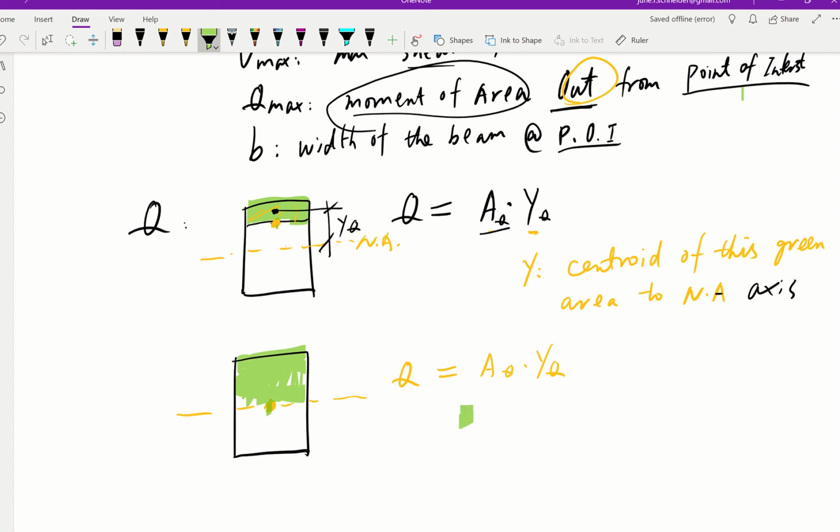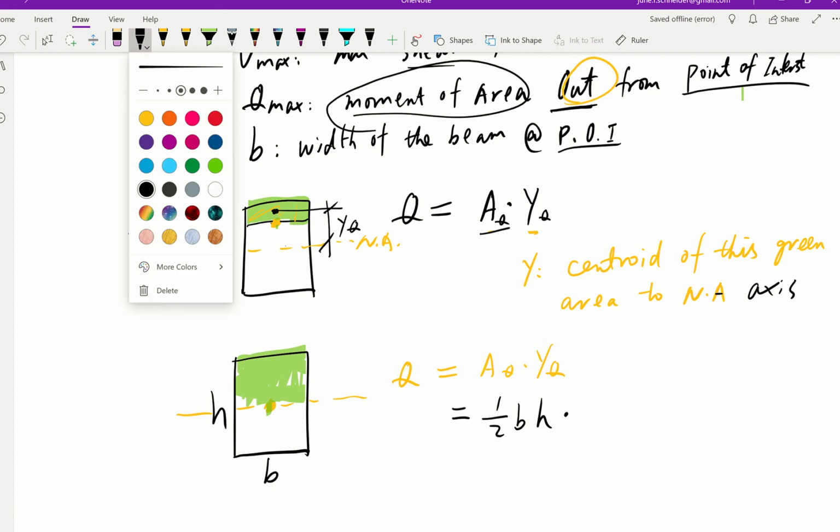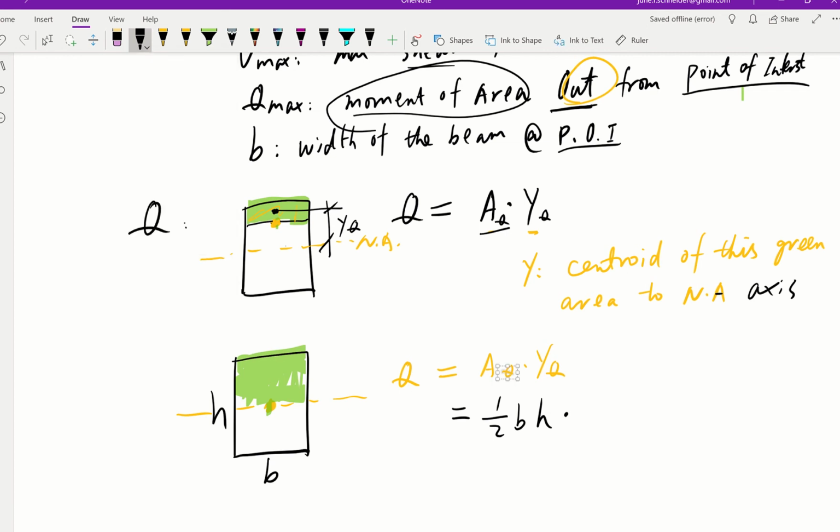So in that situation, if I know this is B, this is H for this rectangle, this green area will be half BH, right? Then how about YQ? Let's go ahead and label that. This YQ is going to be this green area centroid to this neutral axis. For this situation, it's going to be quarter of H. Do you agree?